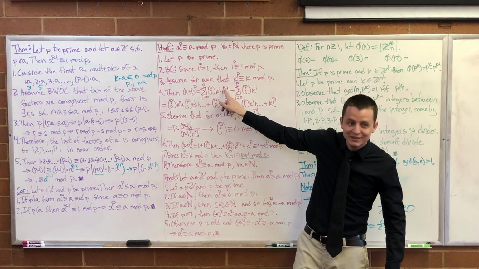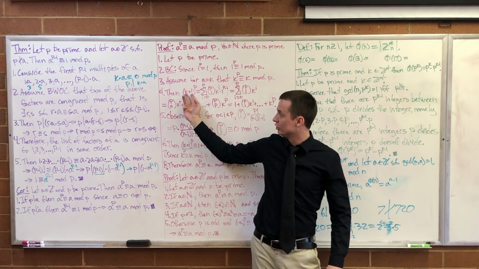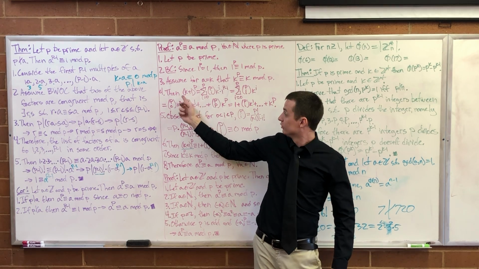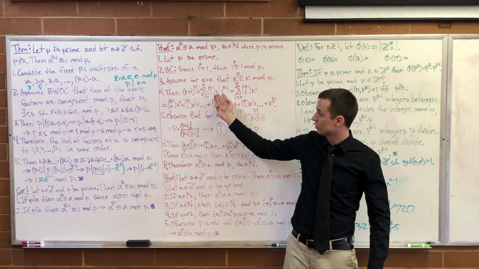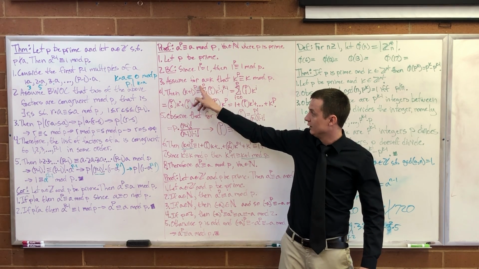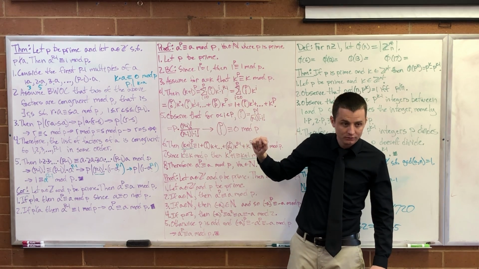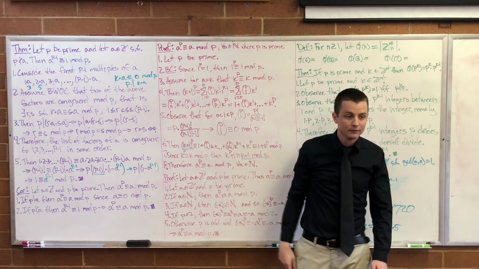You follow that? Make sure you see where all the terms are. Here are the 2 things that we have in here. We have a k and a 1. Those are the terms showing up right there. i iterates from 0 to p. So one of them is going to be to the i, one of them is going to be to the p minus i. And then that's just p choose i.